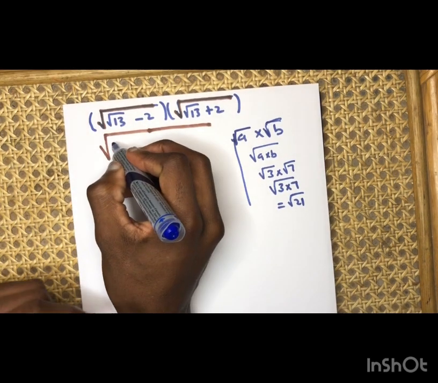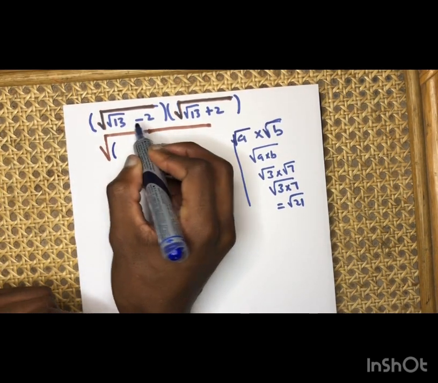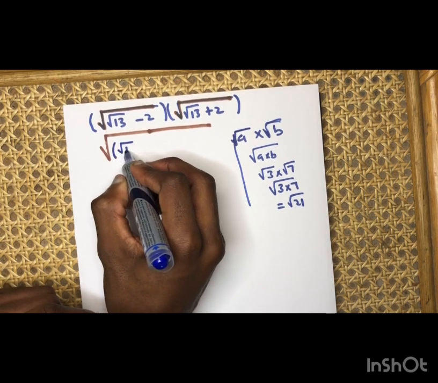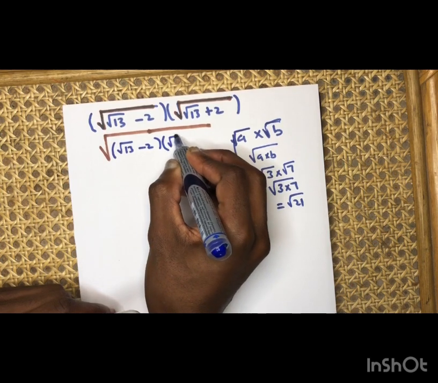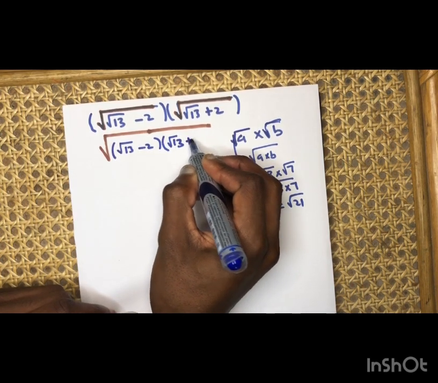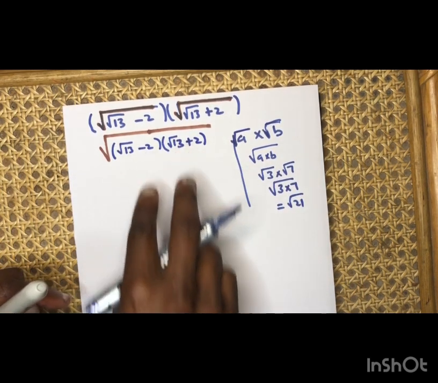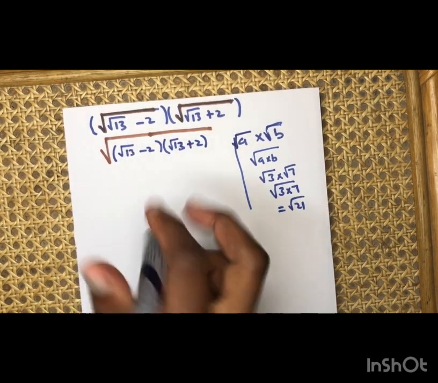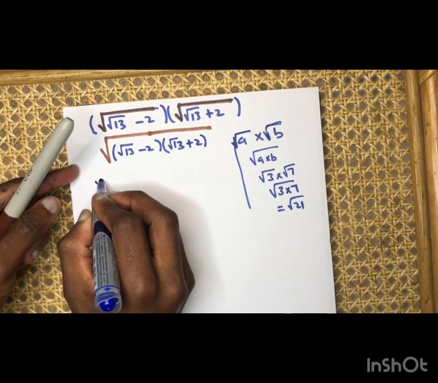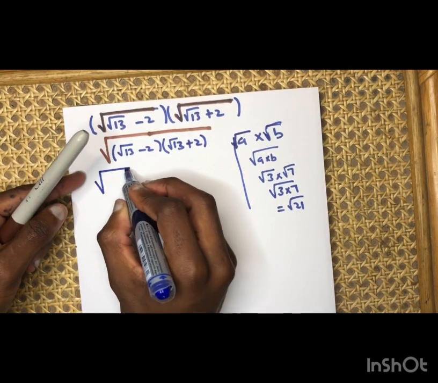So inside I'm going to open brackets because I have a binomial. I have root 13 minus 2 and root 13 plus 2. I hope that you can see that this is a difference of two squares that we have inside.